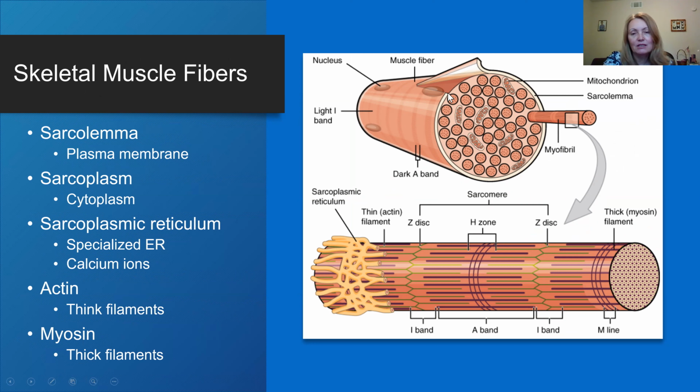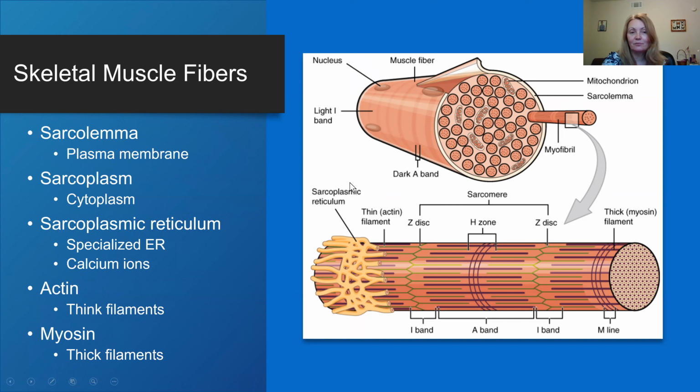So if you look inside an individual muscle cell, first, what we want to remember is that different parts of a muscle cell might have specific names.